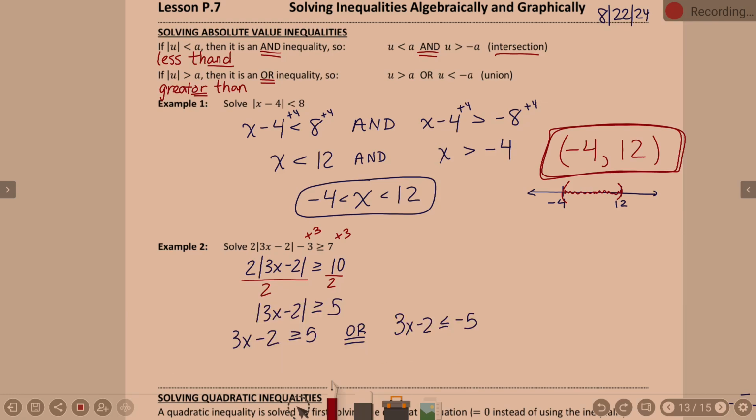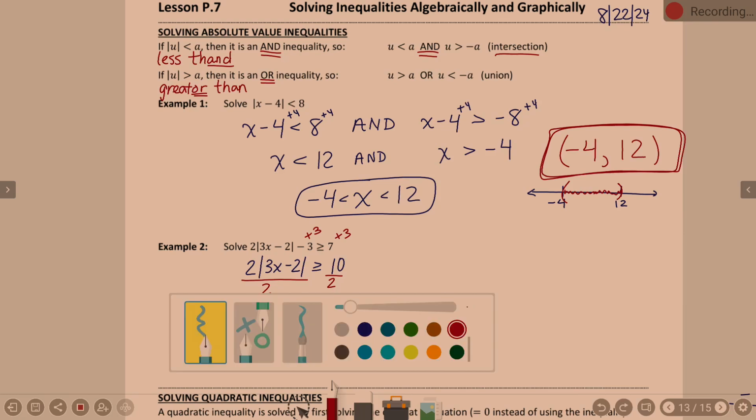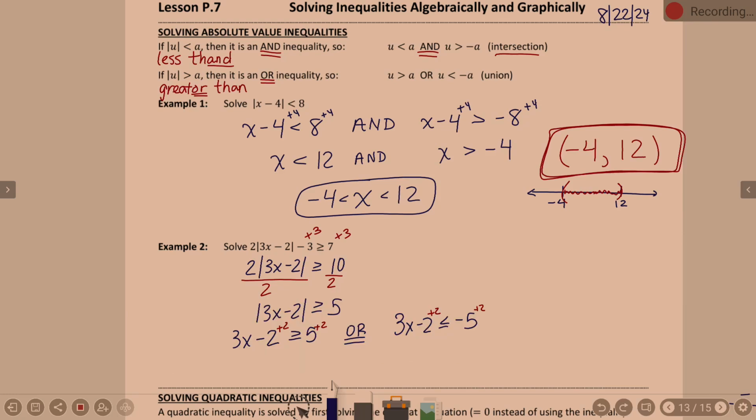If it's 3x minus 2, we're going to add 2. So 3x greater than or equal to 7.